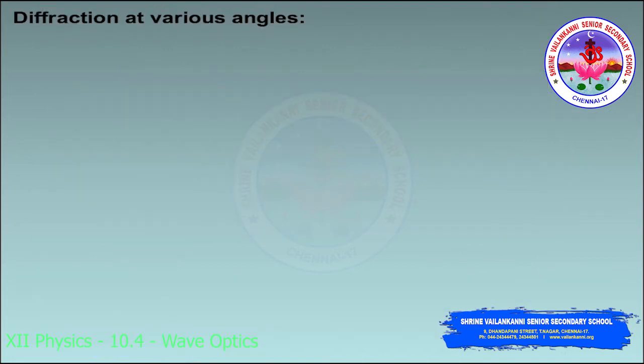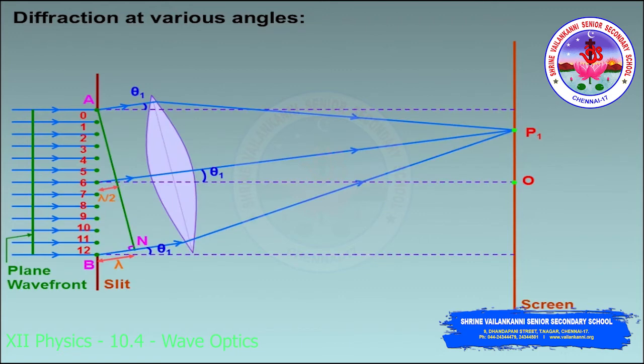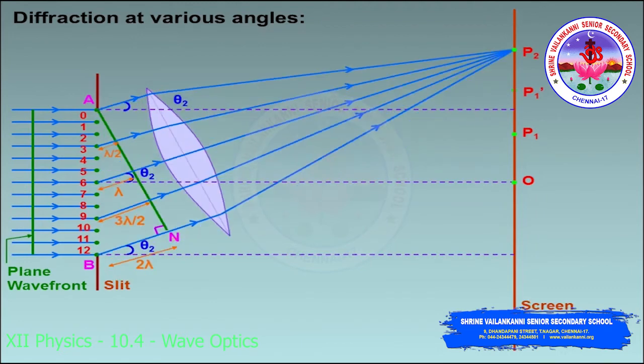Now the diffraction at various angles, how it will be, with this diagram we can see, right? So with the help of these various angles we can get the intensity distribution curve. See, the first angle we have seen, second one is we got theta 1, then we have taken P1 dash and P2.